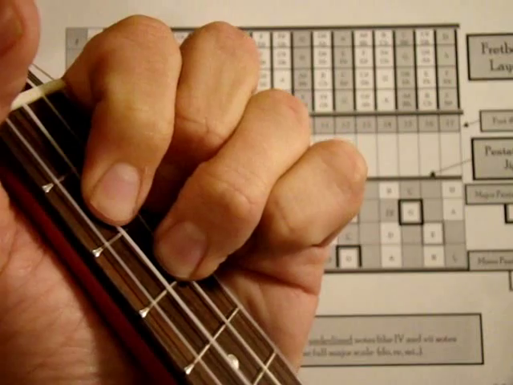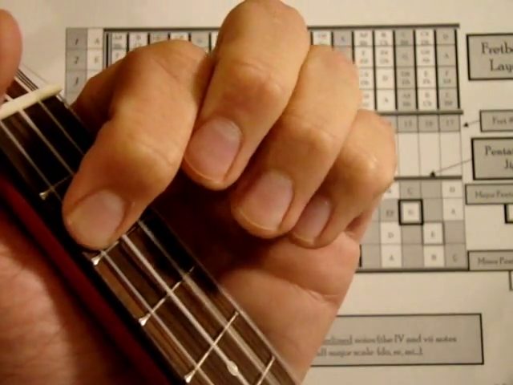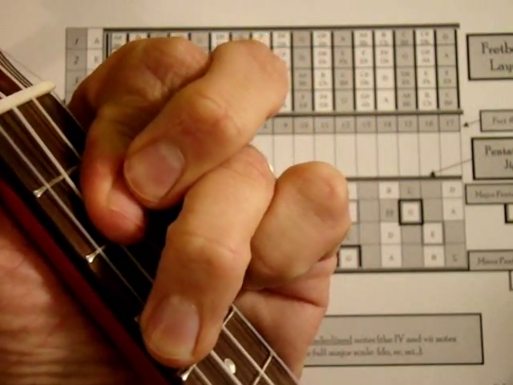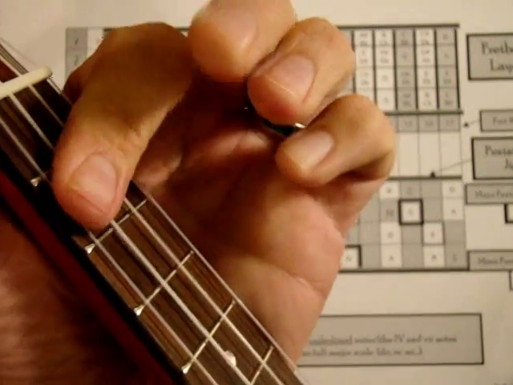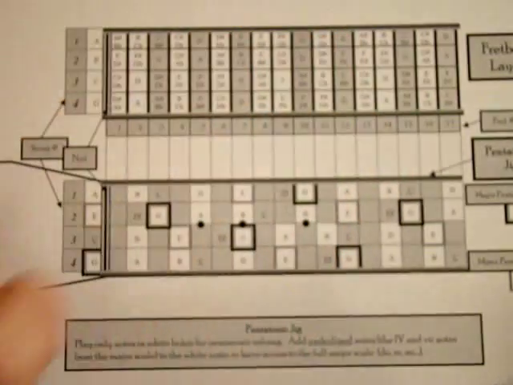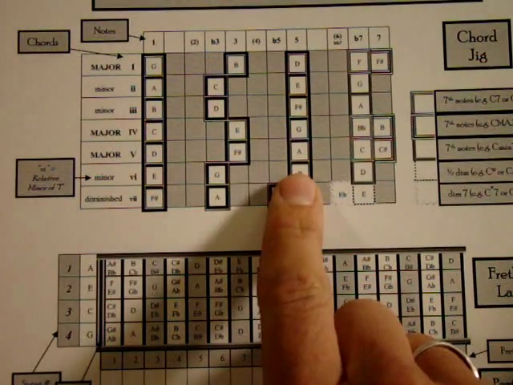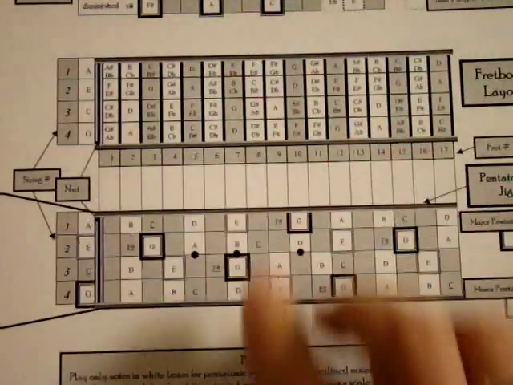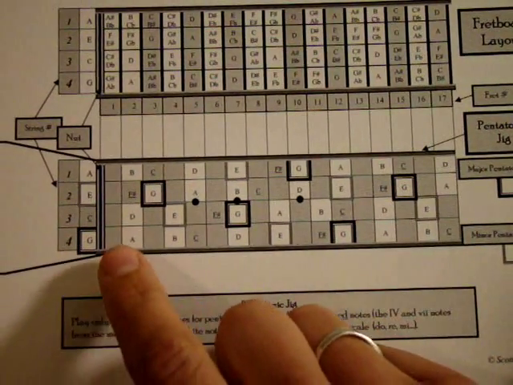So G, A minor, B minor, C, D, and then if I would like to play an E minor, that's E, G, and B. And so if I come down here and I say, where can I cover E's, G's, and B's?